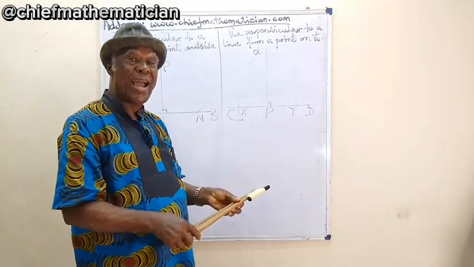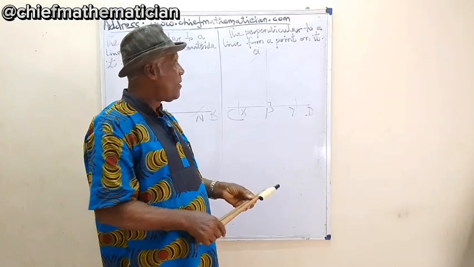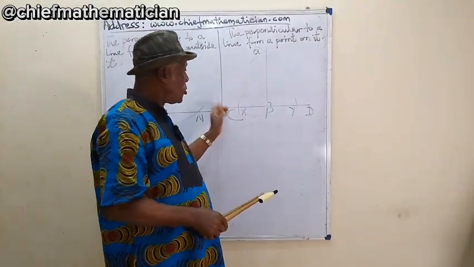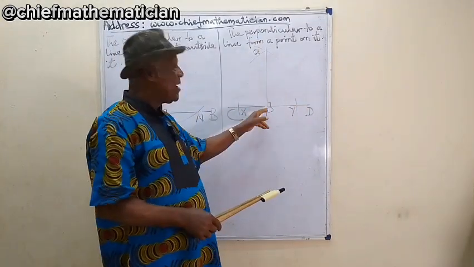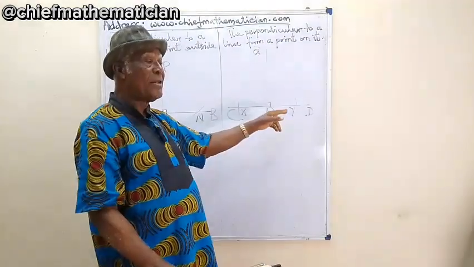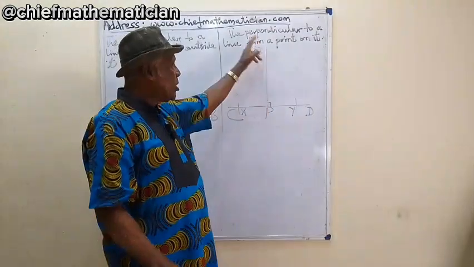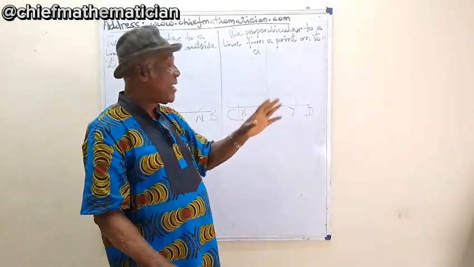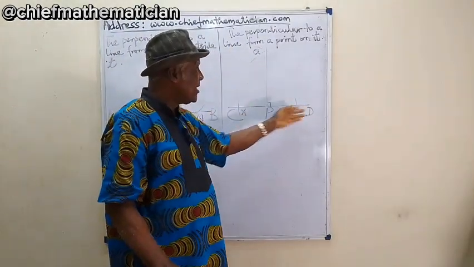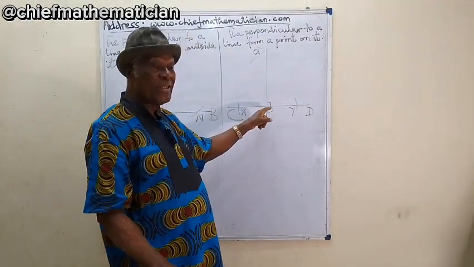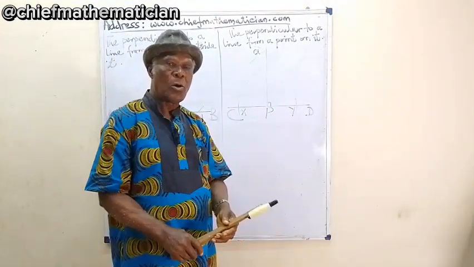PQ is the required perpendicular to CD through P, a point on it.